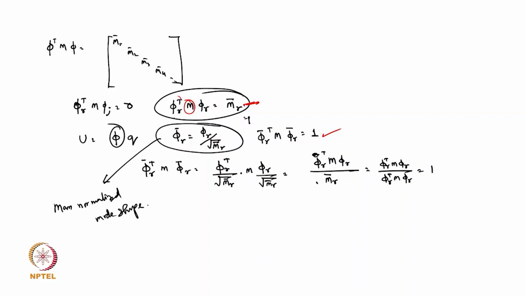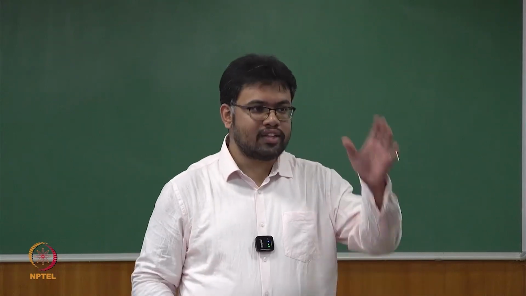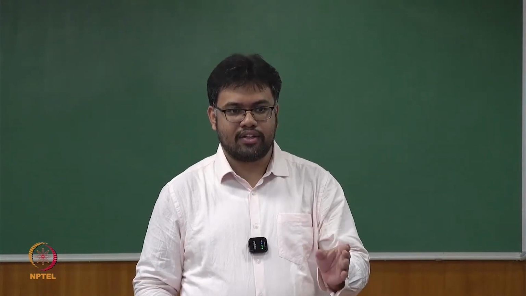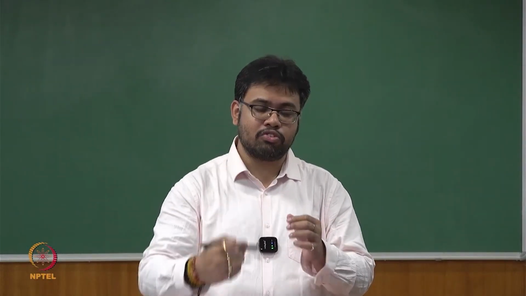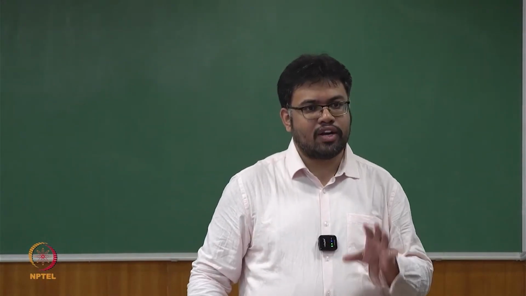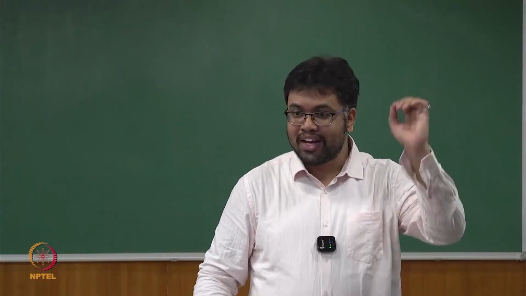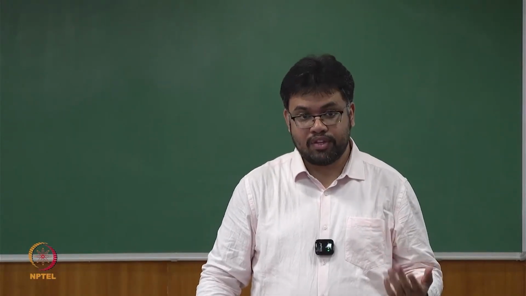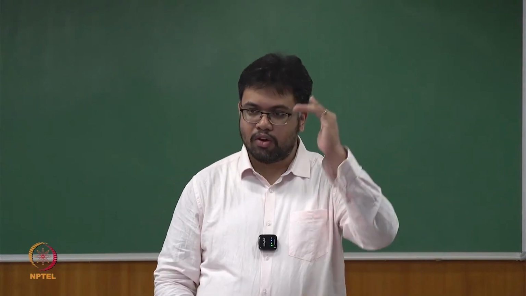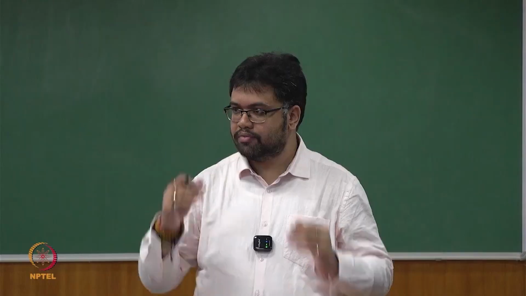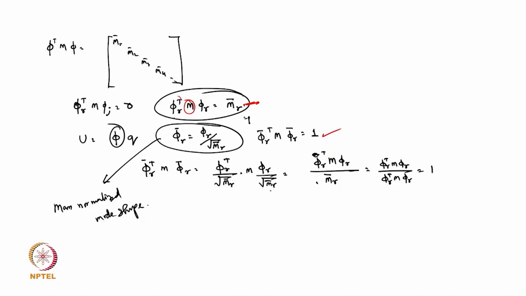Phi is such a type of vector which is nothing but a scaling, the ratio from one value to another. They are not displacements, they are mode shapes. So that can be scaled, but it should be scaled uniformly so that all the values scale properly. Therefore we can use this m r bar concept.